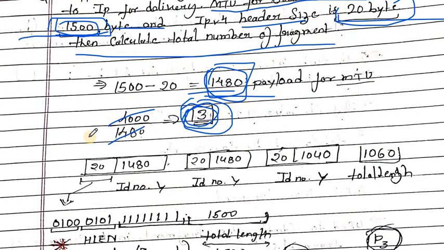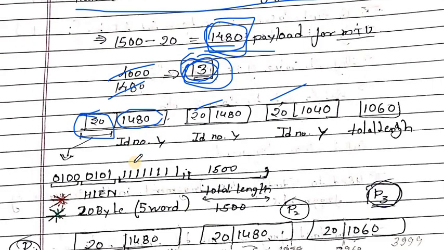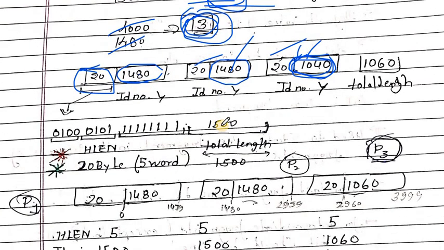So here 3 packets are created. In the first packet there is a header of 20 bytes and the maximum payload size, 1480, so we put 1480 here. Then the remaining payload we put in the next packets. In the last one we put only 1040, because that is the payload left after putting 1480 and 1480 in the first two.